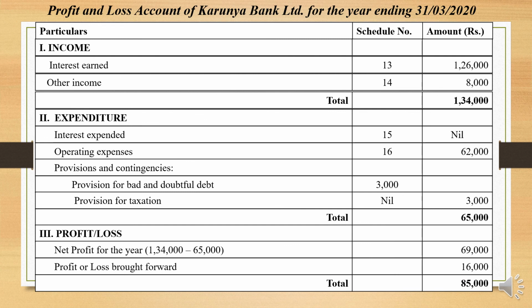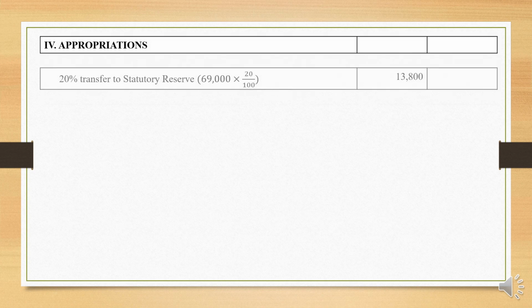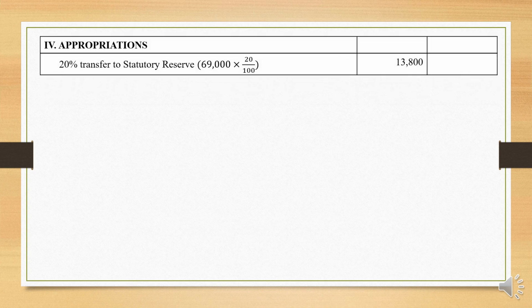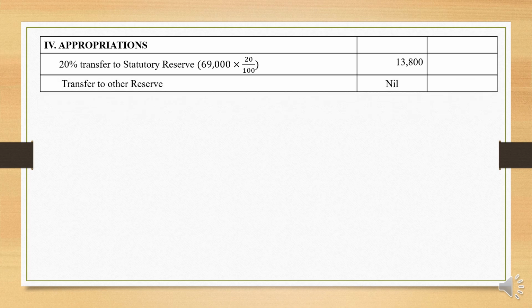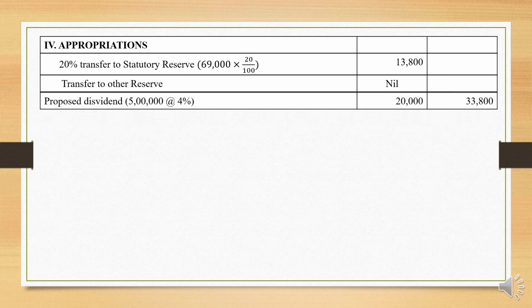Now we'll go to the appropriation. First we have to transfer 20% of the current year's profit. The current year's profit is 69,000, so that is 13,800. Transfer to other reserve is nil here in this problem. Then the proposed dividend is 4% of 5 lakh. 5 lakh is the share capital, and the proposed dividend is 4%.